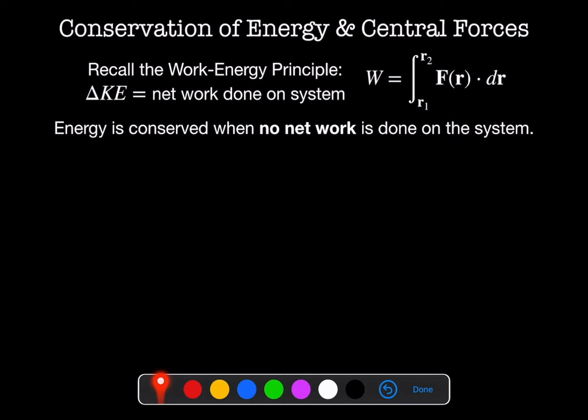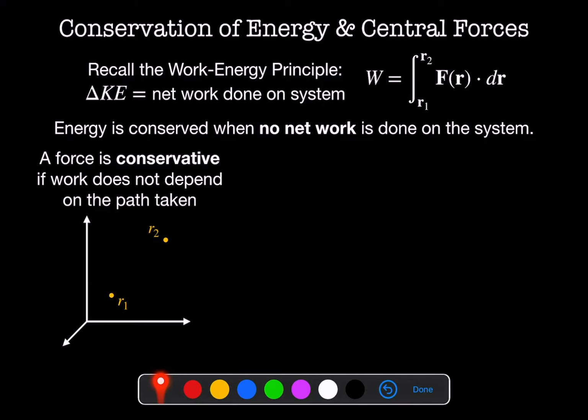How do we know when we're going to encounter systems like this? Imagine here I have some initial point and some final point, and there's going to be a force in the system, and I can move the particle from R1 to R2 along some path while it's feeling this force. So imagine I take this crazy circuitous path here, or I could just take the simple path, a straight line from R1 to R2.